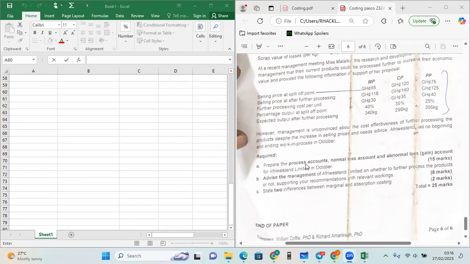Prepare the process account, normal loss account, and abnormal loss and gain account, then advise management on whether to further process the product or not, supporting your recommendations with relevant workings. State two differences between marginal and absorption costing.